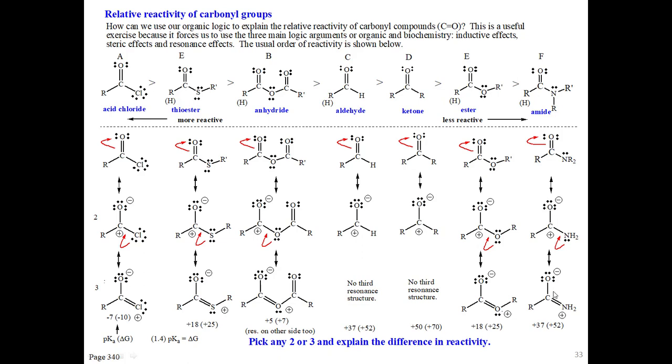Okay, that's almost half from the neutral structure up here. So this is a really powerful contributor. Also, it makes this carbon and nitrogen sp2, trigonal planar, and they're kind of flat in proteins. But so this is going to be a lot less reactive than an ester, and that's a resonance effect dominating over the inductive effect. So these four guys here, you should be pretty good at explaining these.